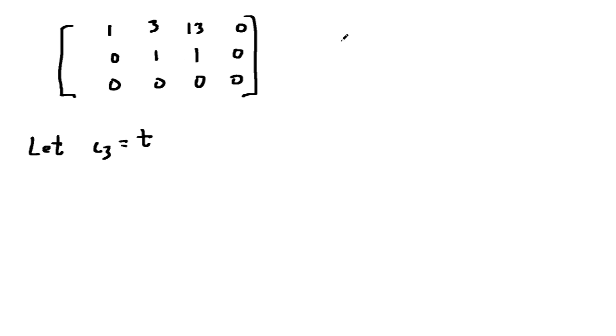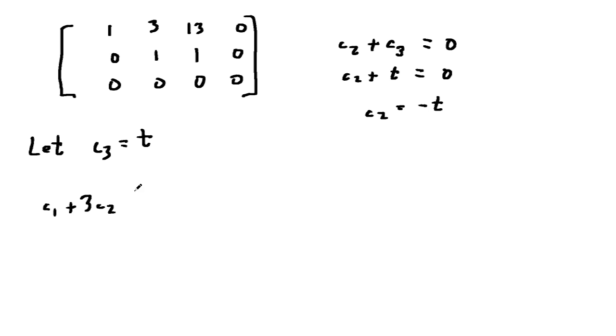Now, from the second row, we know that C2 plus C3 is 0. So plug in T for C3 and solve for C2. Okay, we get minus T. From the first row, we get C1 plus 3C2 plus 13C3 equals 0.